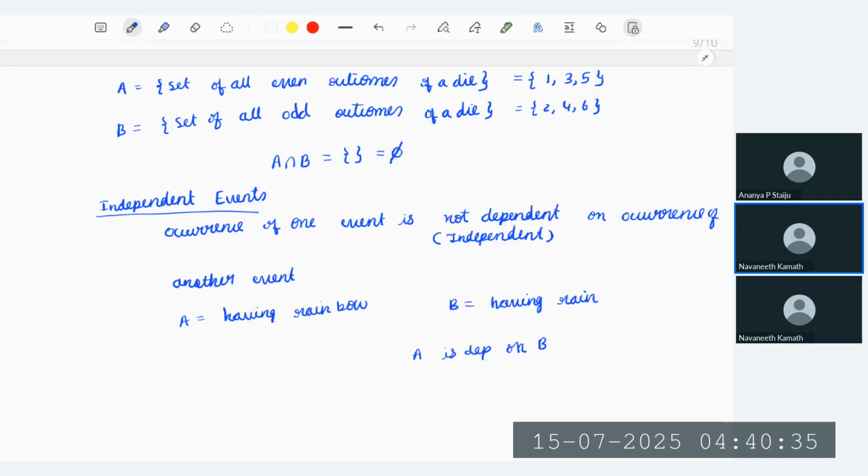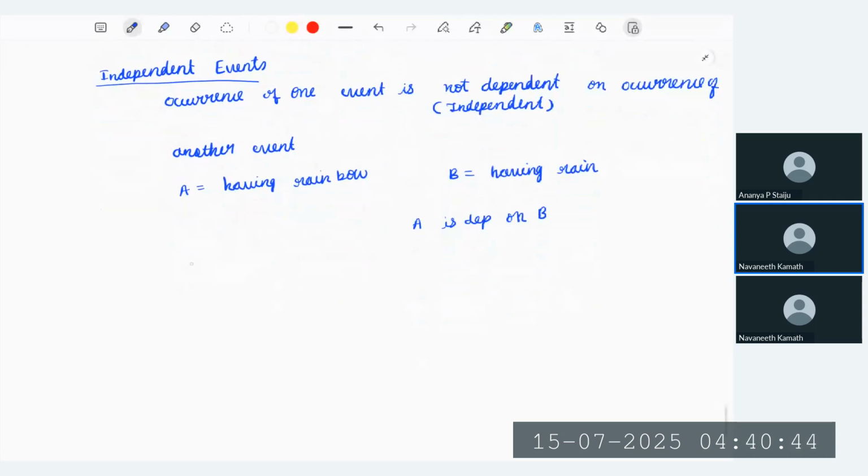Independent means, suppose you scoring good marks in statistics is one event, and event B is, for example, India winning cricket.